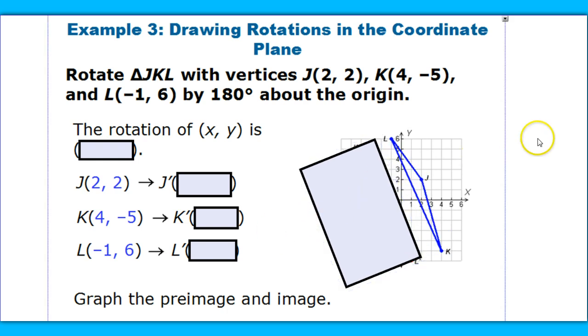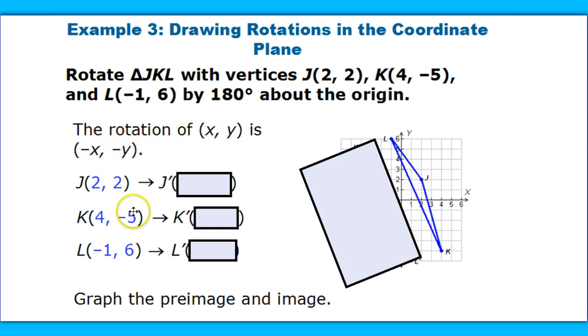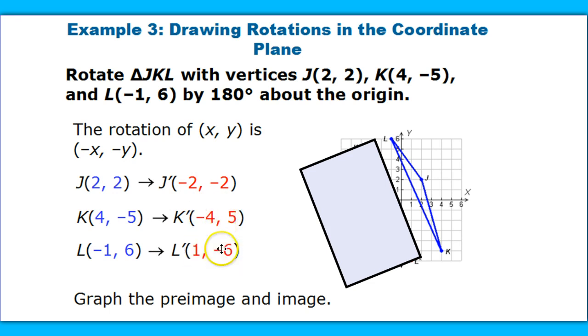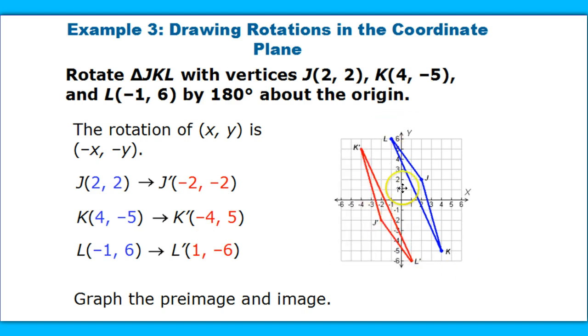And so again, if we're going to rotate by 180 degrees, we know that x, y becomes negative x, negative y. So go ahead and fill in the images of all of the given vertices here, simply by taking their opposites.